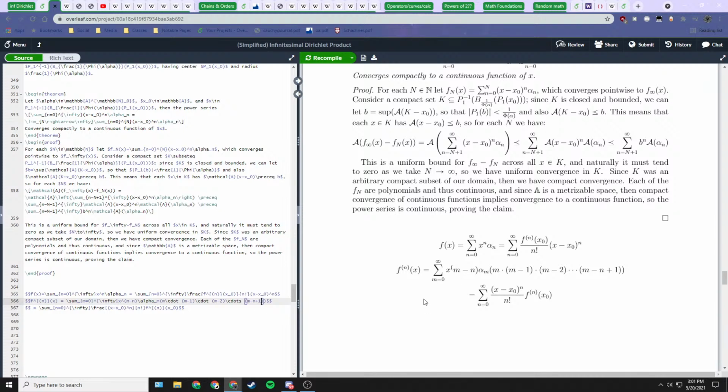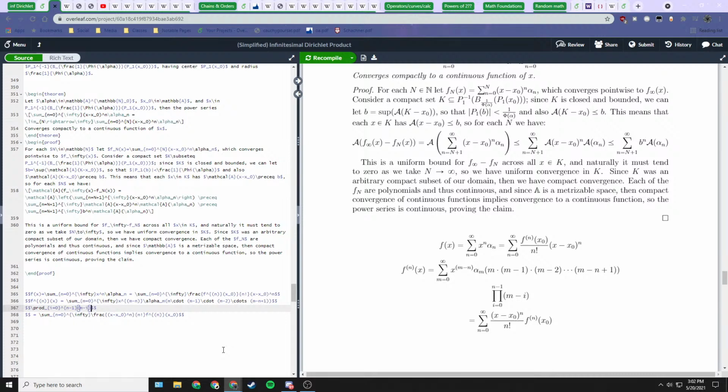Just like that. So that would end up being what it is. Another way to write that is we have a repeated product. So I'll do some index i going from 0 up to n minus 1 of m minus i. And we can rewrite this whole repeated product.